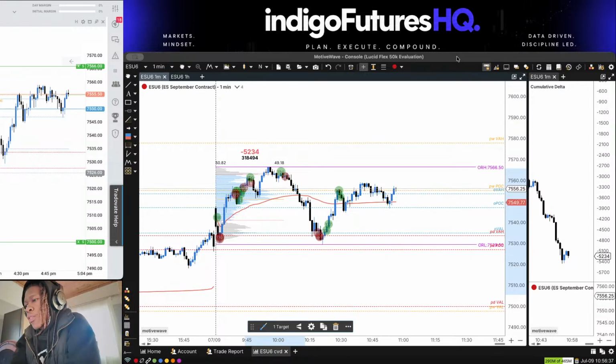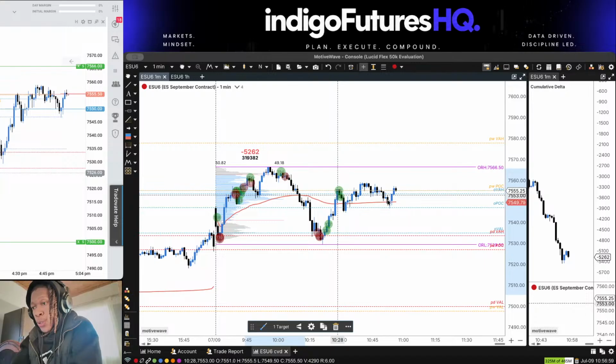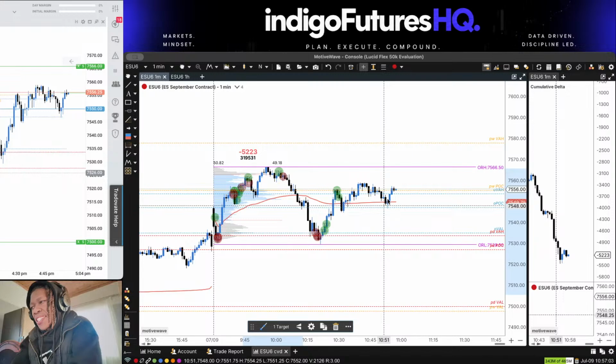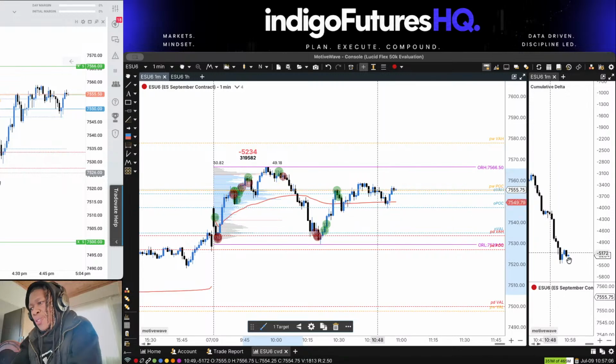Thirty more seconds till this candle closes. If we're going to go against this little bullish move over here, we do need to see a following bearish candle on the CVD.